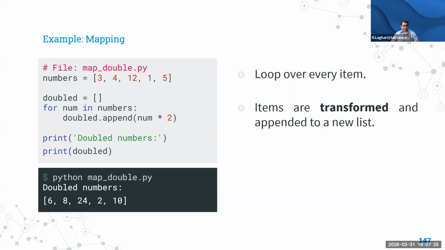So we have said that we are going to have another list which is doubled, and you are picking each element from the main list, numbers, and you are doubling the number and adding it to the doubled list, and you eventually print that. So that is mapping. So you have mapped from this list to another list.